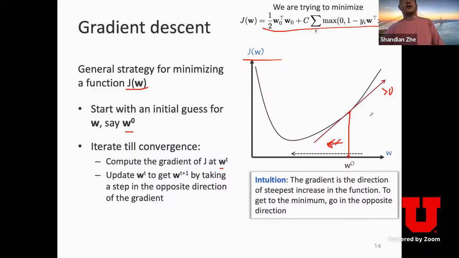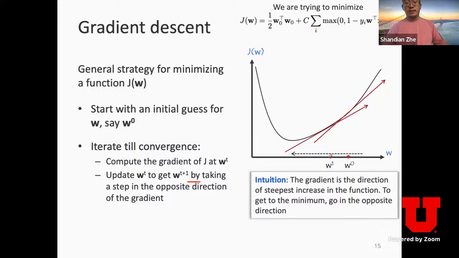Because your gradient is positive, you update the model parameters by adding the negative gradient multiplied by some step size. The negative means you subtract some positive number. That's why your new W will be to the left of W0.